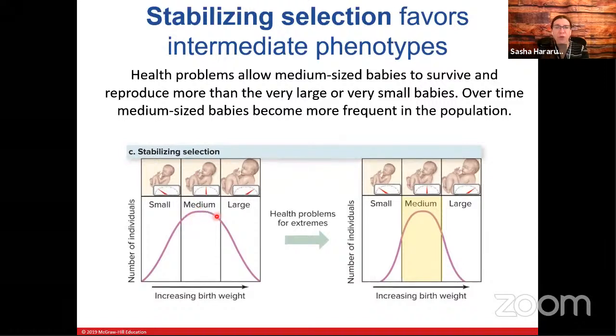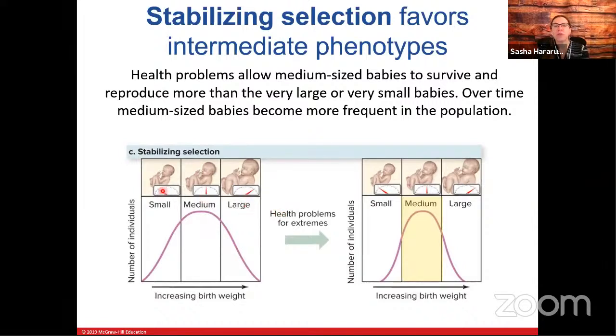Okay. Now, over time, the stabilizing selection would narrow the width of this bell-shaped curve. And why would that occur is because babies that are born with low birth weight as well as unusually high birth weight have a higher probability of developing diseases and not surviving to the reproductive stage and not reproducing and passing on their genes.